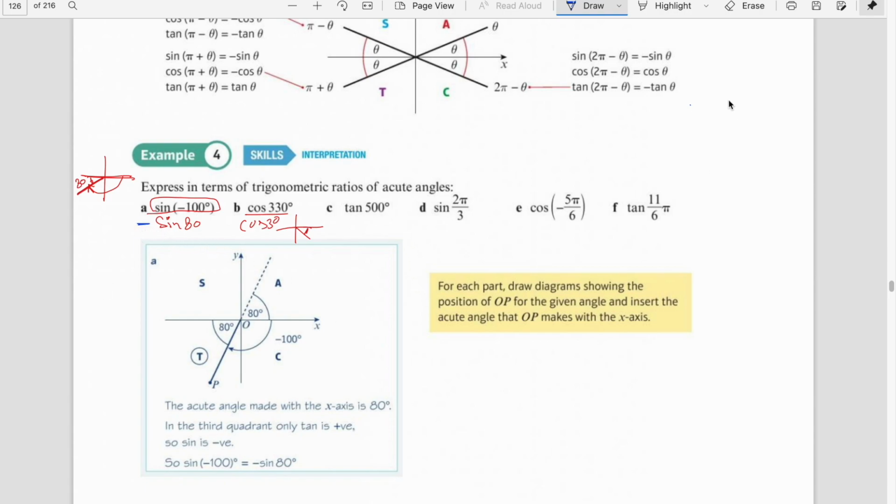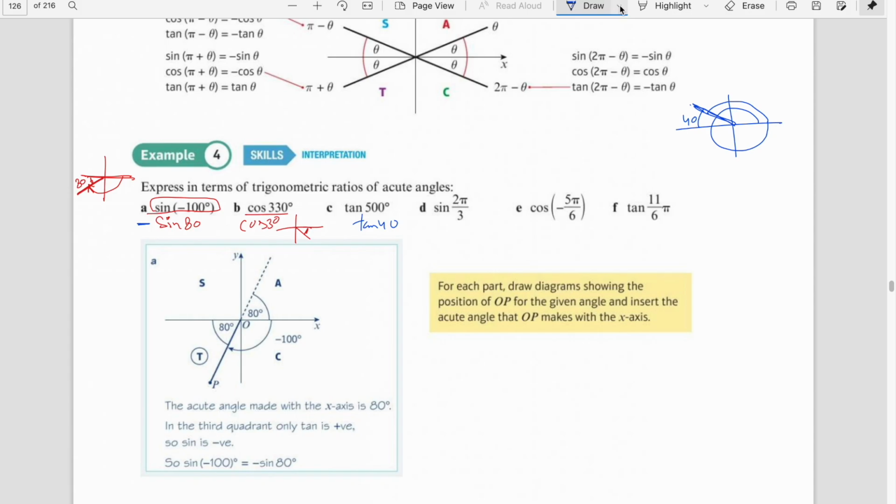Now tan 500, if I move around, this is one complete circle of 360. So 500 minus 360, I know that it is 140 more. So moving 140 more, when I reach here, this is the point. And if it is 140, the remaining angle is 40. So the basic acute angle is tan of 40.